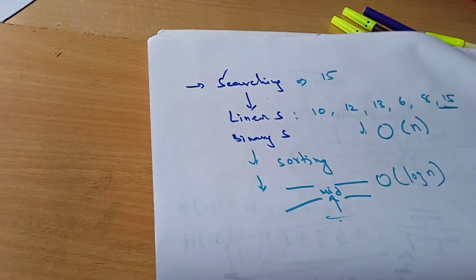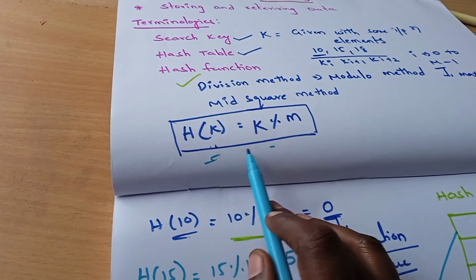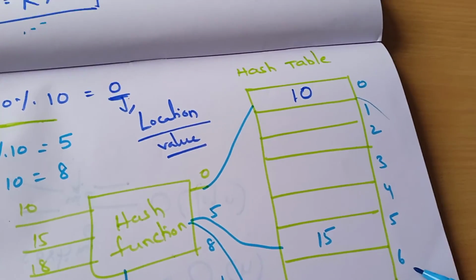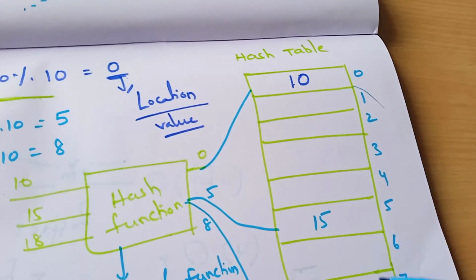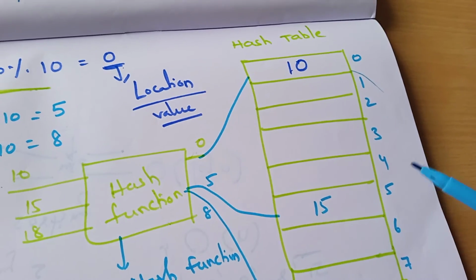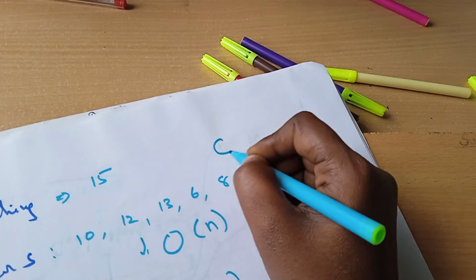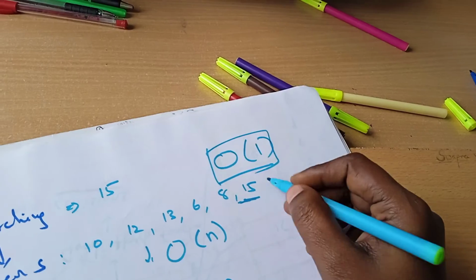Now, what is the complexity of hashing? We are executing the hash function, so we will be knowing the location. We need not search for a key by comparing each element. Instead, we will go to the location and the comparison will be big O of 1, which is a constant.